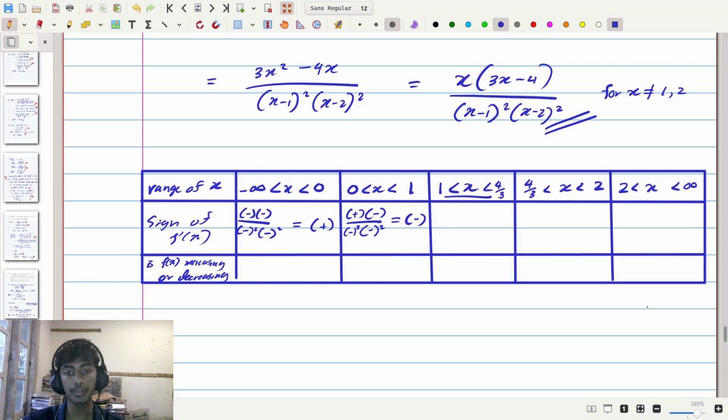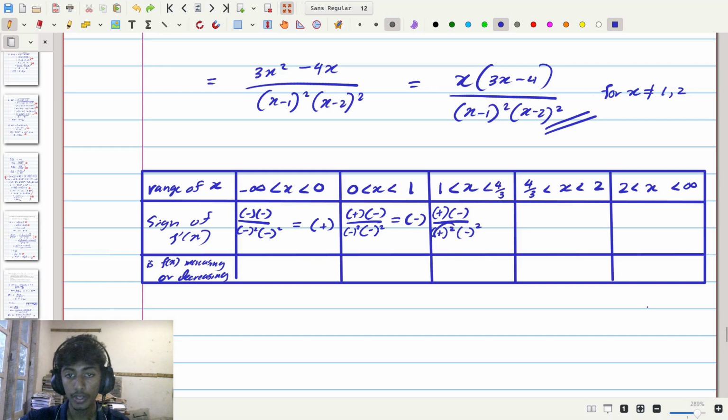Now, for the next range, we have 1 until 4 over 3. And for this range, since x is bigger than 1, x minus 1 is now going to be positive. However, this doesn't really change anything, because if we substitute in, we have a positive number, a negative number for 3x minus 4, divided by a positive number for x minus 1 squared and a positive number for x minus 2 squared.